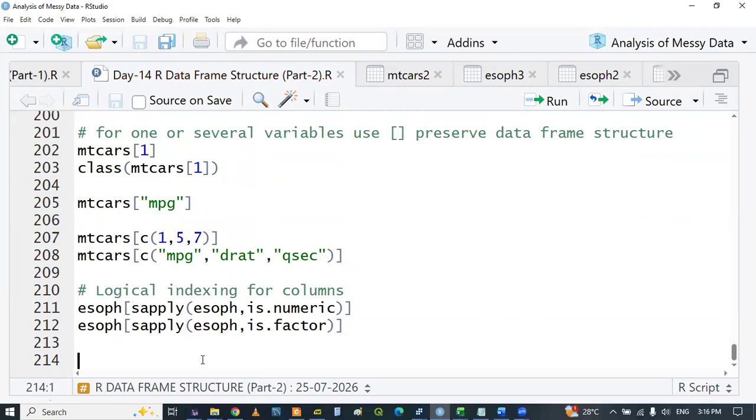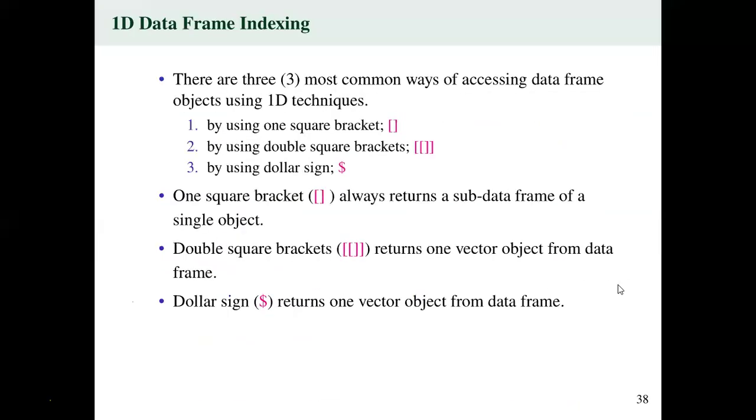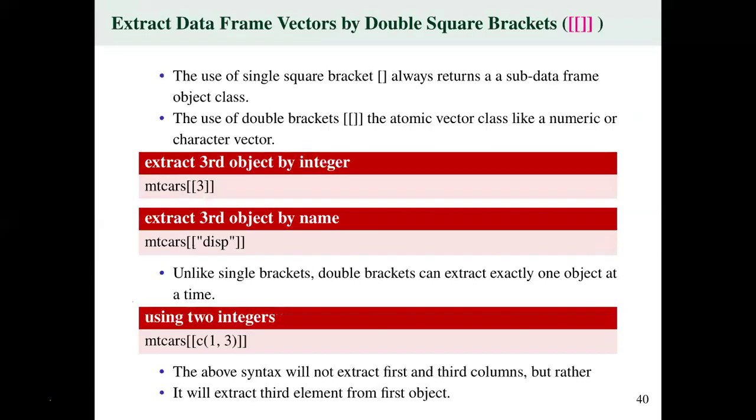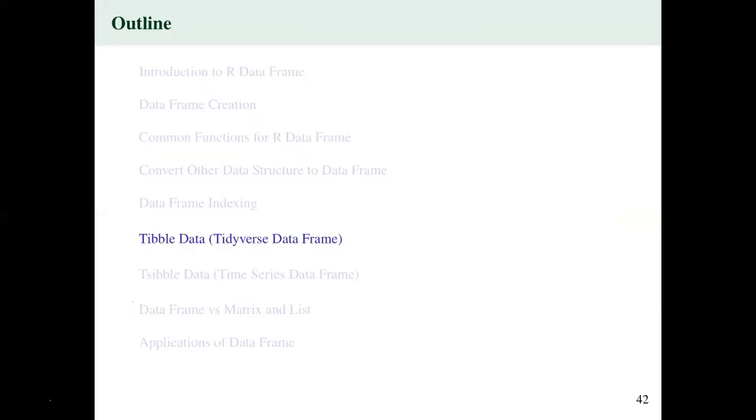Simply, it is a repetition of what we did with a matrix and what we did with a list, because a data frame is both a matrix and a list. Is there a question about indexing?